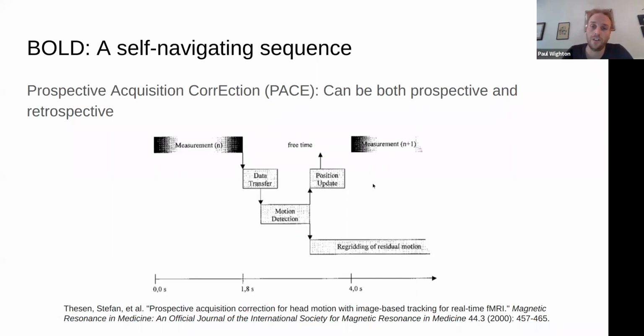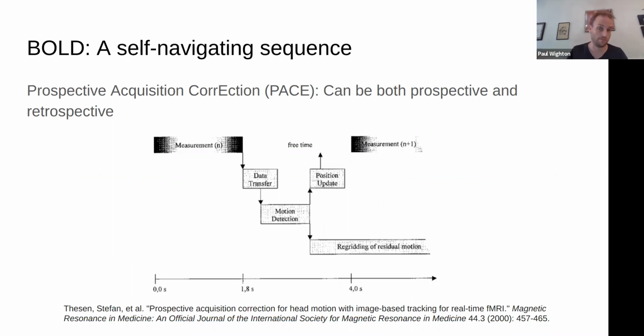PACE is actually interesting because it's both prospective and retrospective. So you could not feed the updates back to the scanner itself. That's an option on the scanner, and simply register the series when you're done. Or you could only do prospective, only feed the position updates back to the scanner.